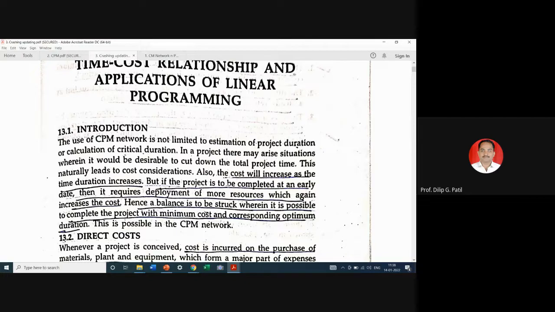So likewise, in practically the completion of the project or activities, crashing is not on the same line or exactly the same, but we have to complete all these activities by adding more resources. So the duration of the project will get reduced, but with the efforts of more resources.